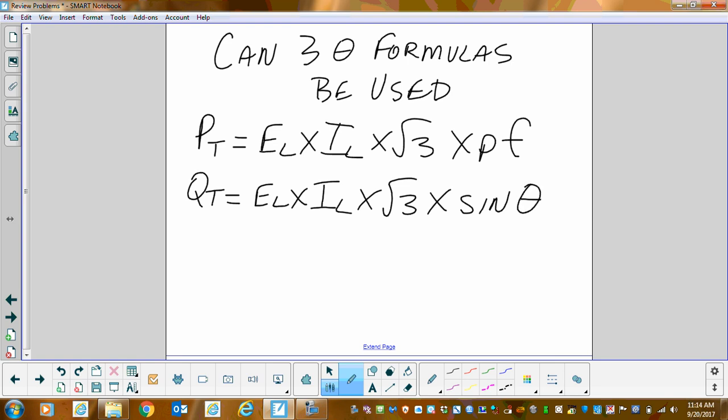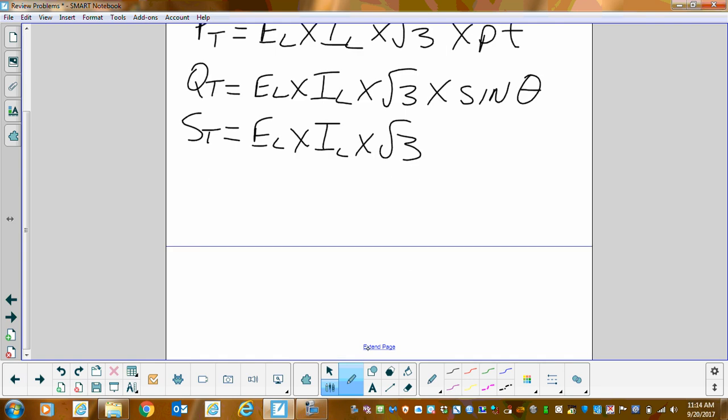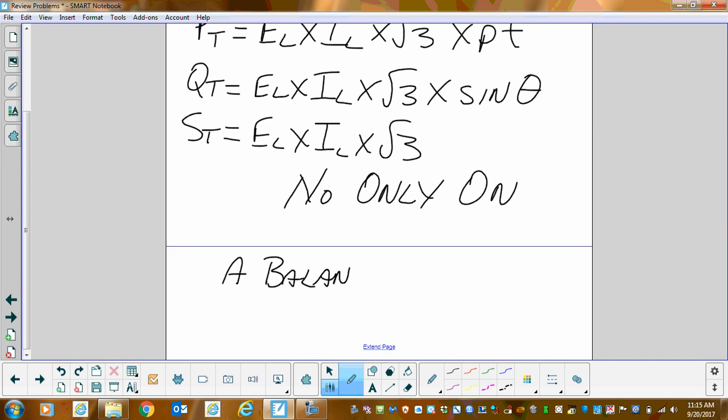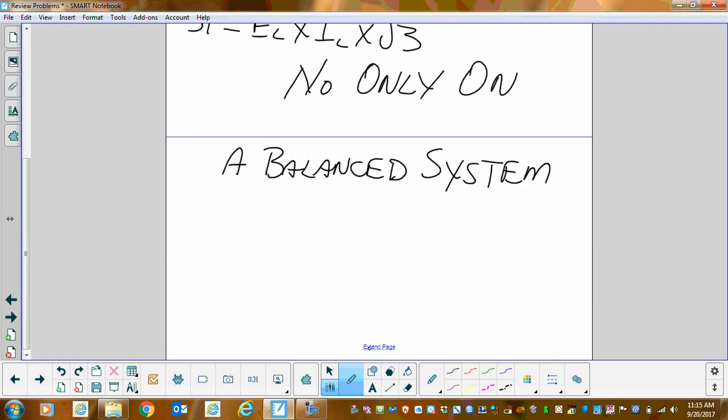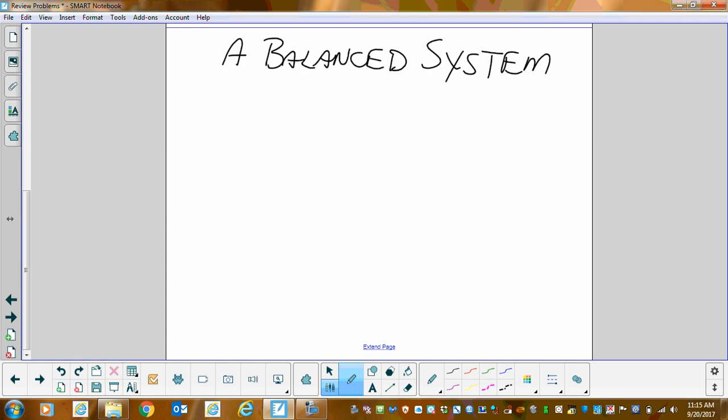And then, of course, apparent power, which is S total, is simply equal to E line times I line times root 3. Now, the question is, can we use those in an unbalanced system? And the answer is no. They can only be used on a balanced system. Okay, that means we have to add our powers up individually per phase.